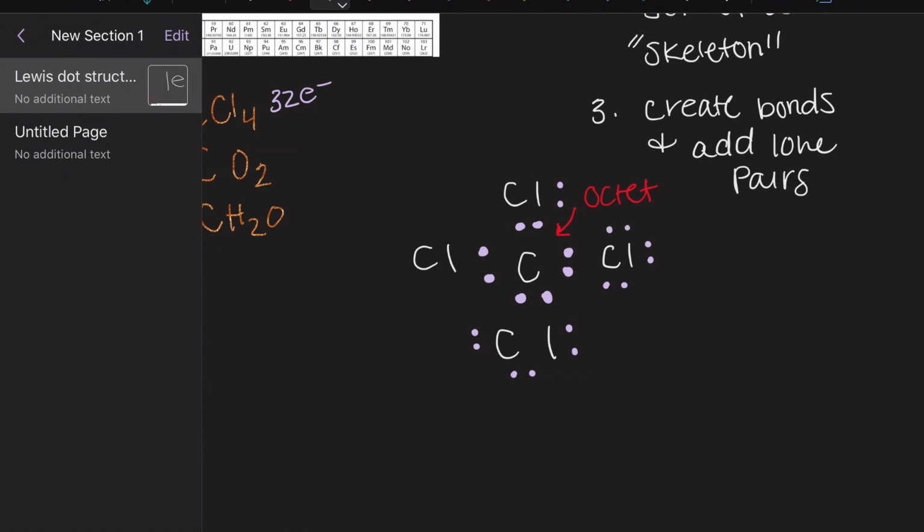And in this example, if you put lone pairs on every chlorine all the way around, then that turns out to be 32 electrons, or 32 dots. And that's basically how you do it. You just make bonds and add lone pairs until you've used all of the electrons that you originally counted.